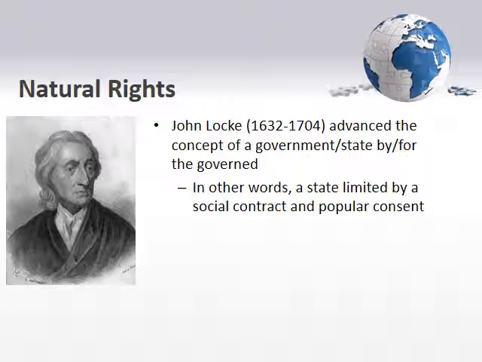And again, this is a revolutionary idea, particularly to monarchs who see their subjects as their property, and that the powers of a state are limited through an informal social contract, that government only exists ultimately to serve the citizenry. So that is a contract between the leaders and the people that they governed. And so the leaders are dependent on popular consent for their leadership.